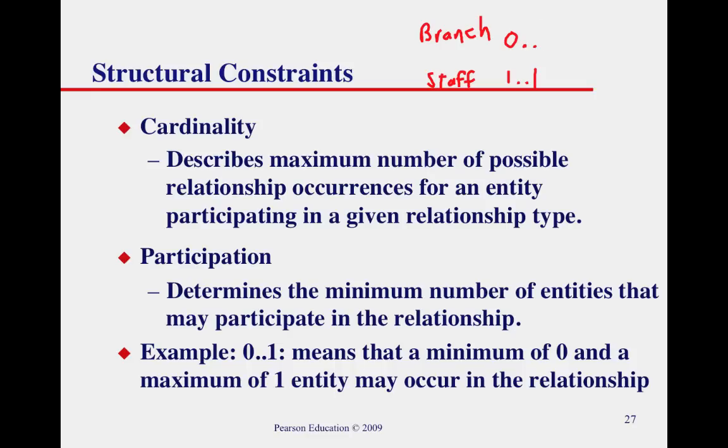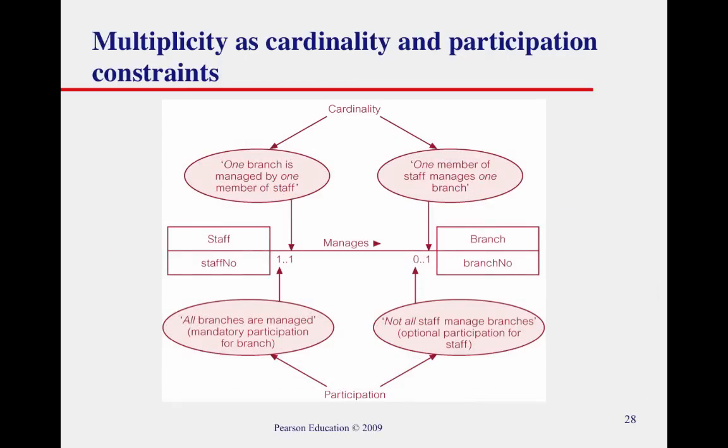If there is no limit, then you just write n. So if there's no limit on the number of staff, the branch may have 0 to n staff members. So participation is the minimum number of occurrences of an entity in the relationship. Cardinality is the maximum number of occurrences. Okay, and when you write that down on the entity relationship diagram, there's going to be one for each side of the relationship.